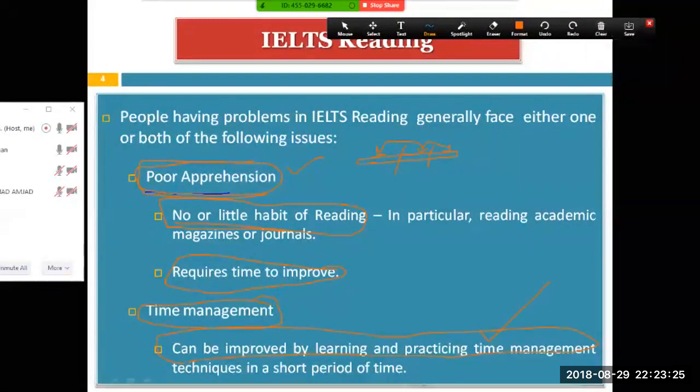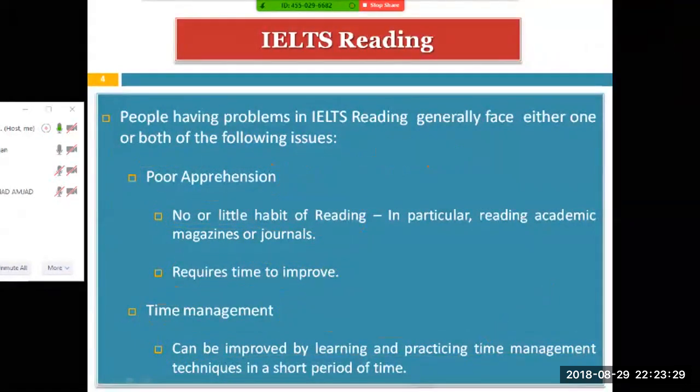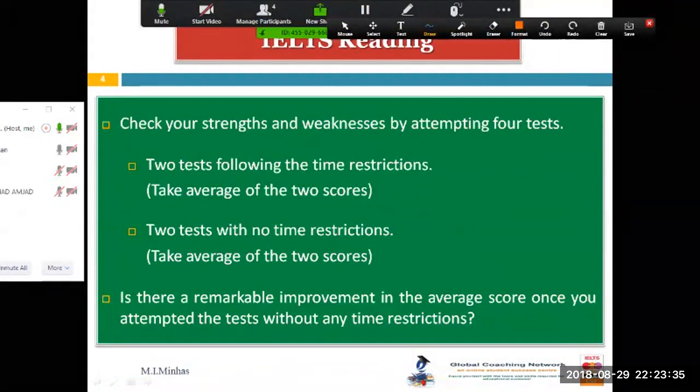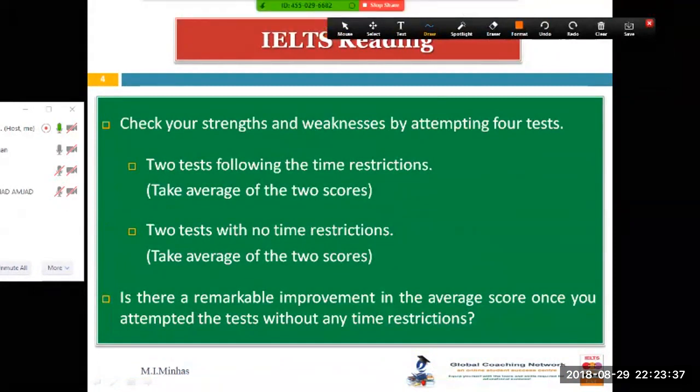Now, what is your weak area? How to check it? Just attempt any of the available online tests, 1 test and then 2 tests, within 1 hour. Let's say you have completed only 33 questions in 1 hour, you just check your score.